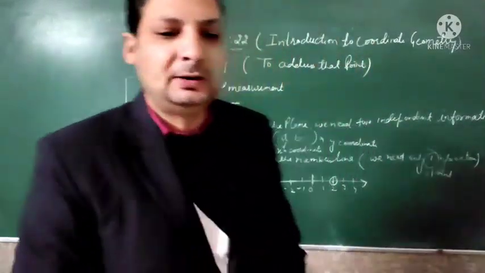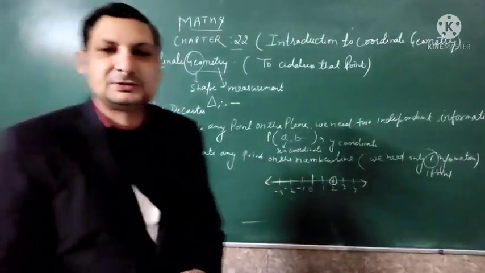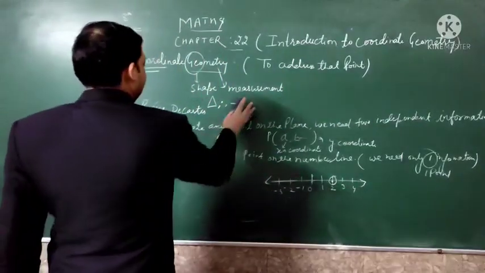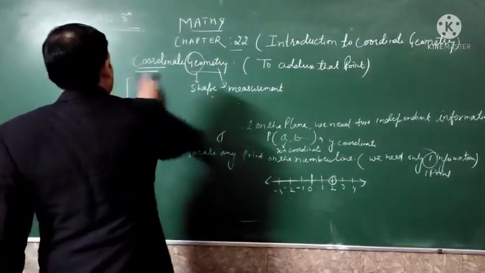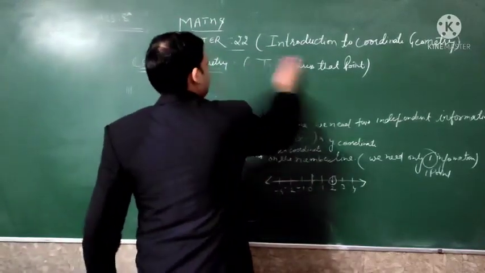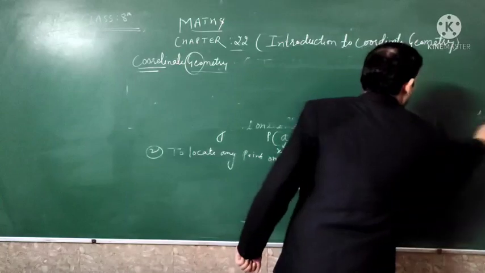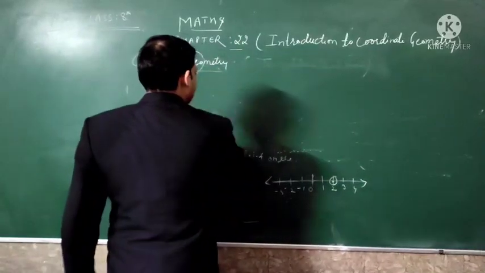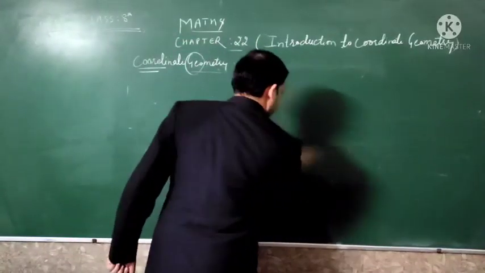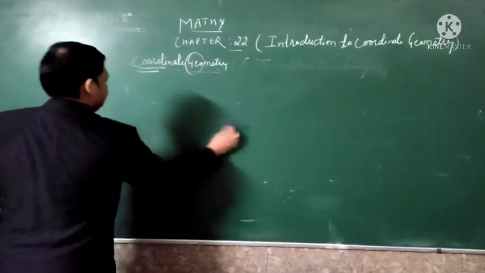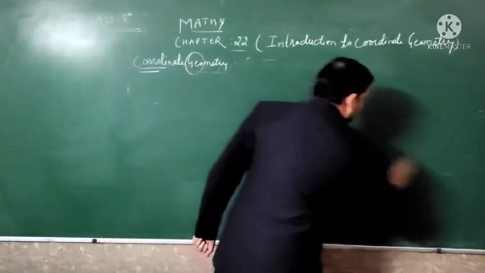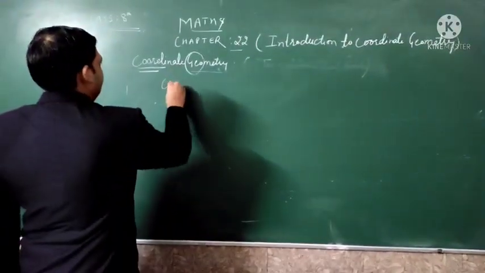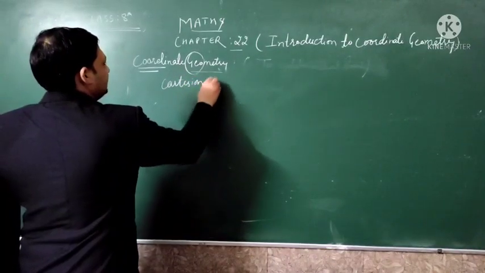Now we will discuss how to represent numbers on the Cartesian plane. Now we will discuss the Cartesian system. This is a very important topic after coordinate geometry.